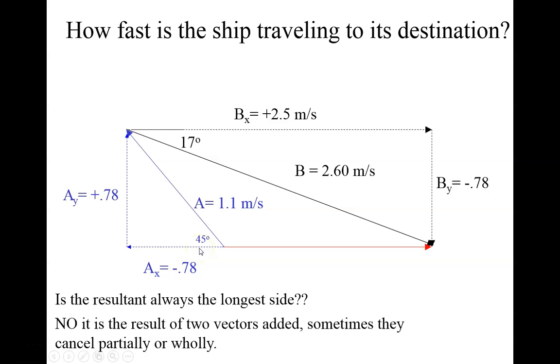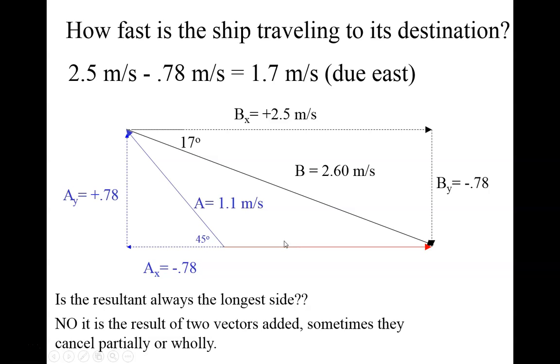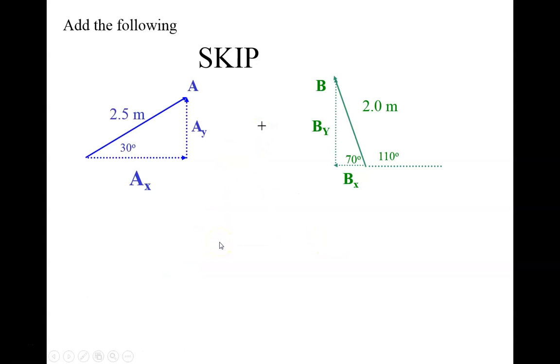So adding the x vectors together, the ax and the bx, finding my overall x vector. My y vectors add up to 0. My x vectors add up to whatever that would be, 1.7 meters per second east. And that would be how you do that. So the red is the 2.5 minus the 0.78.